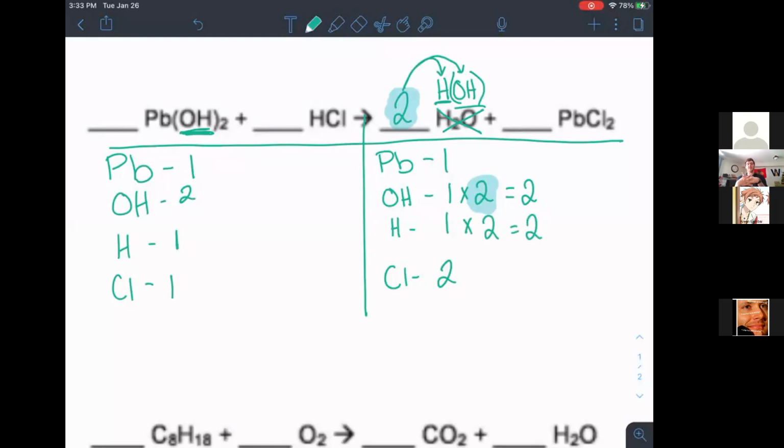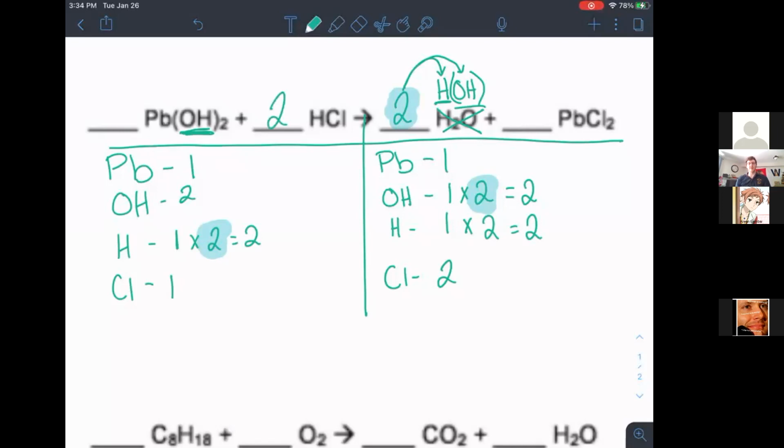So now my hydrogens, do they match? No. So which side do I have to change, my reactants or products? My reactants. And what do I need to multiply my left side, my reactants, by? By 2, perfect. Where do I put this 2? Over the line, in front of HCl. All right.